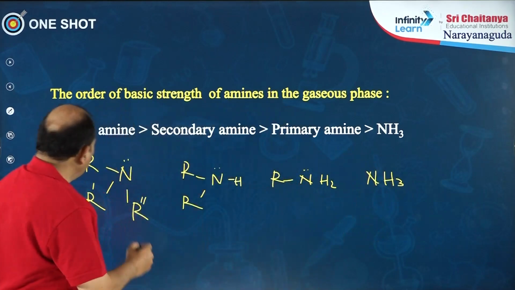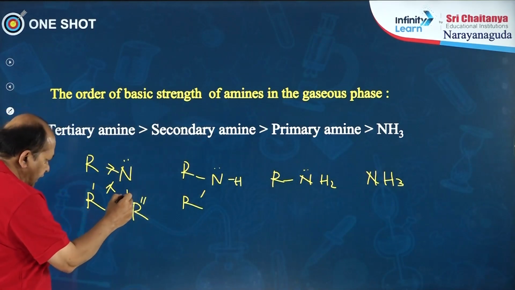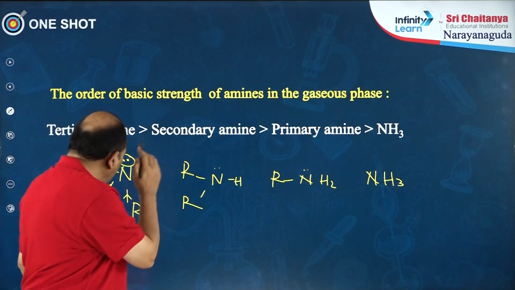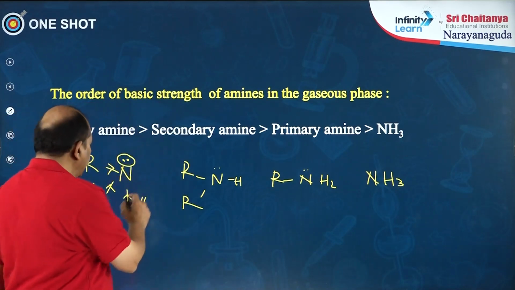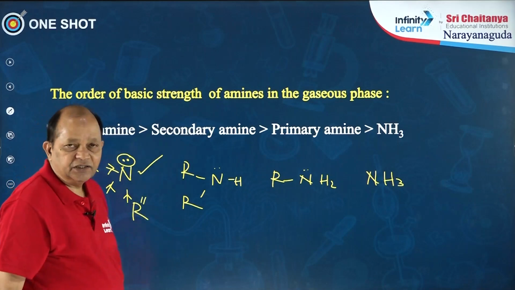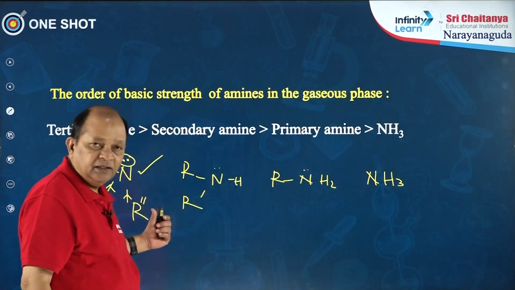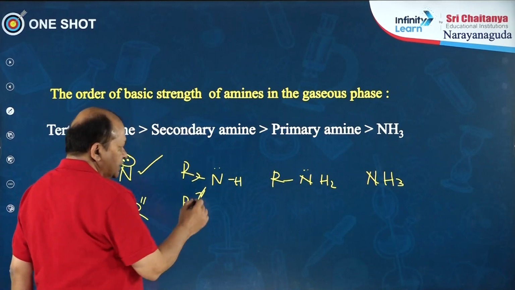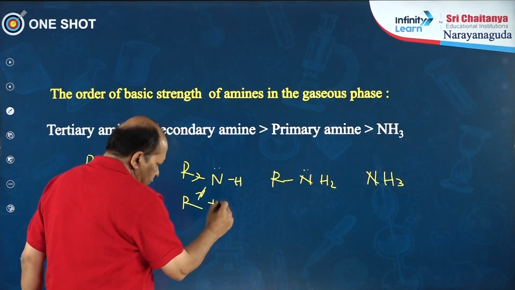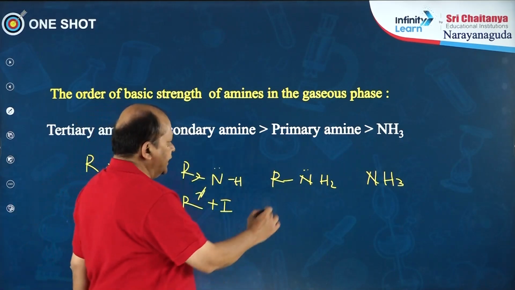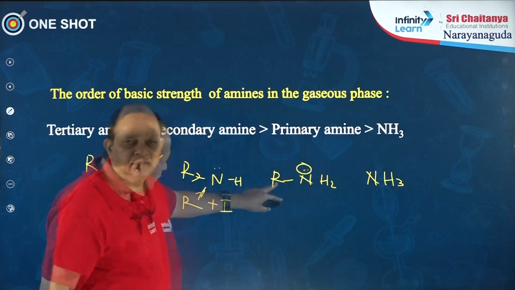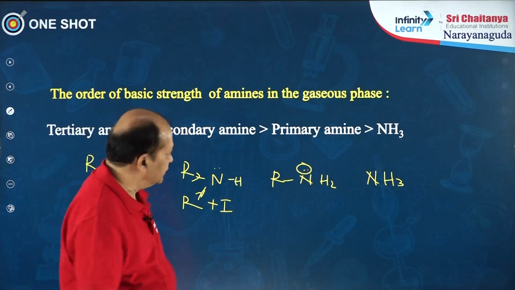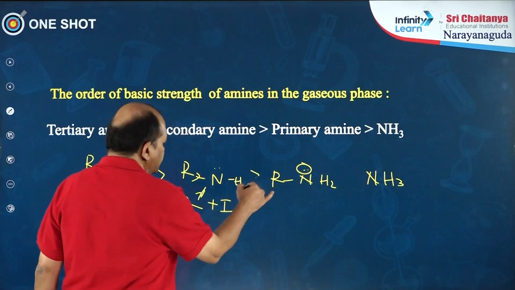Here, because of the plus I effect of 3 alkyl groups, the electron density on tertiary nitrogen is more, therefore, it has the highest strength compared to the remaining amines. Here there are only 2 alkyl groups giving the electrons through plus I effect, and here there is only 1 alkyl group giving the electrons through plus I effect. So, in the gaseous phase this is the order.